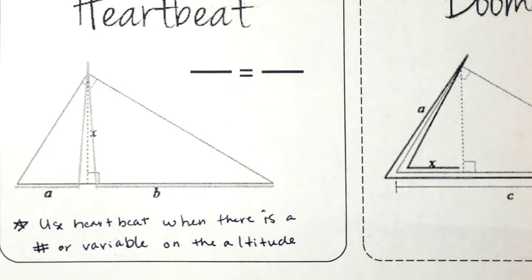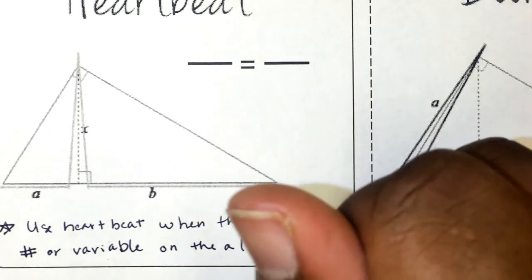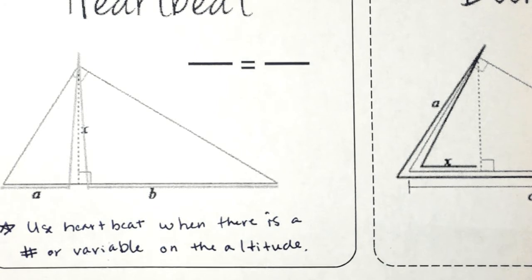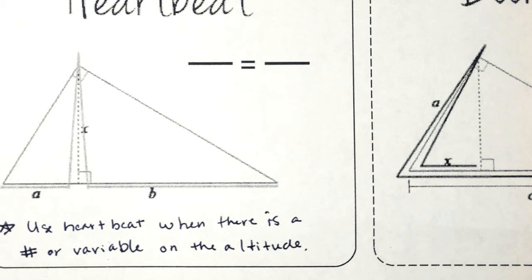So whenever the altitude of your triangle has a number or a variable on it, if there's anything on your altitude and you're solving for something using that, you want to use heartbeat method. So in this case right here, looking at this one, they got an X on my altitude. So once I see that, I know I'm going to use heartbeat.